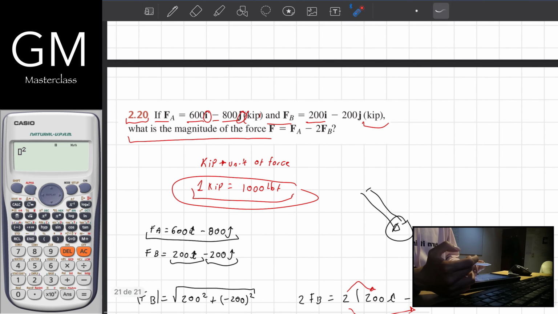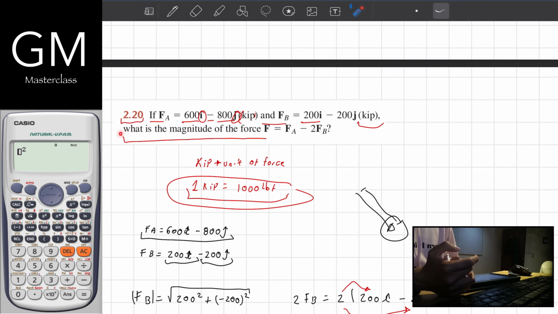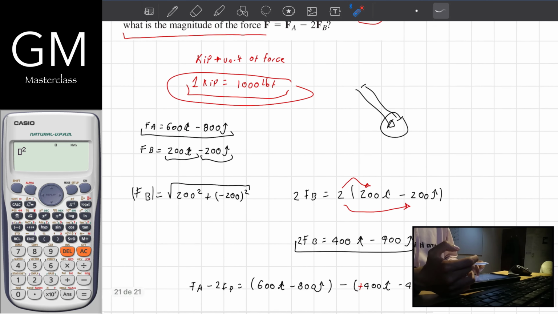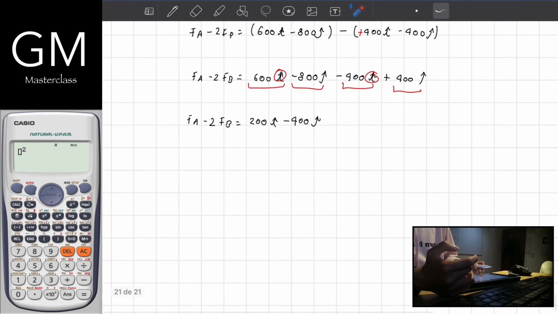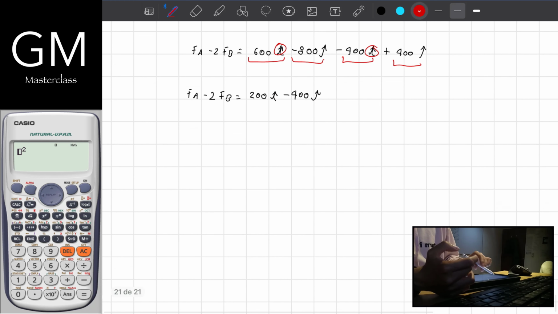So let me read once again. What is asked? They're asking for the magnitude. So all we have to do here is find the magnitude of this vector. Remember, when we are looking for the magnitude, all we have to do is evaluate every single part of the vector to the second power, and then take the square root of that.